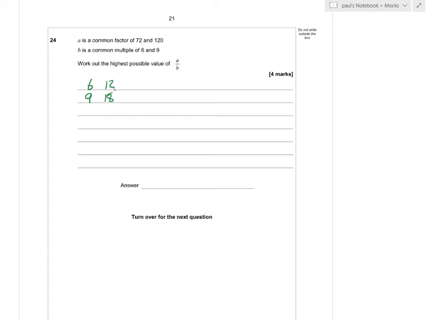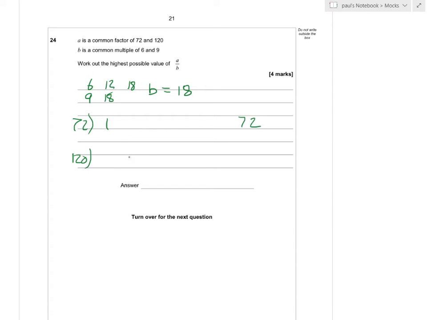So 12, 18. So B has got to be 18, the lowest common multiple. Now, if that's the lowest, A has got to be the biggest factor of 72 and 120.